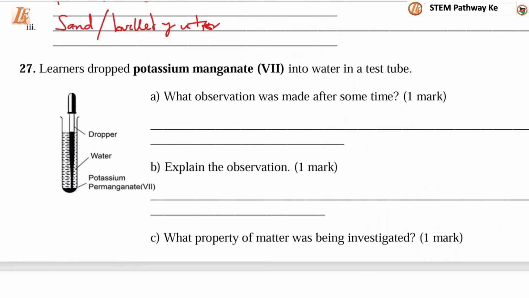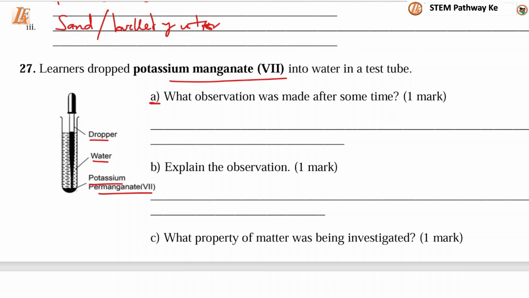Question 27. Learners dropped potassium manganate 7 into water in a test tube. Then the first question is, what observation was made after some time? In this case, we have a dropper, we have water, and then we have potassium permanganate 7.